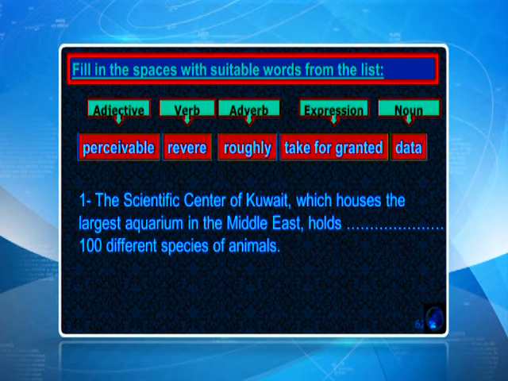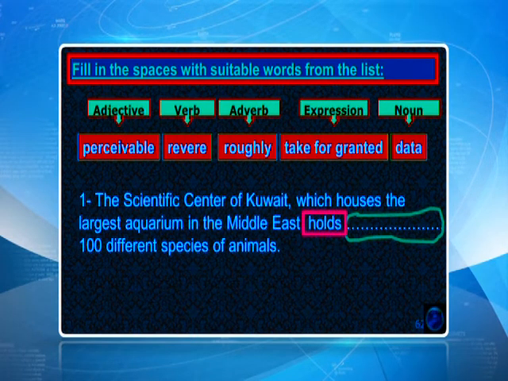The scientific center of Kuwait, which houses the largest aquarium in the Middle East, holds, and here we need a word, 100 different species of animals. Okay? Now we have to look for clues in this sentence. Holds is extremely important. Why?